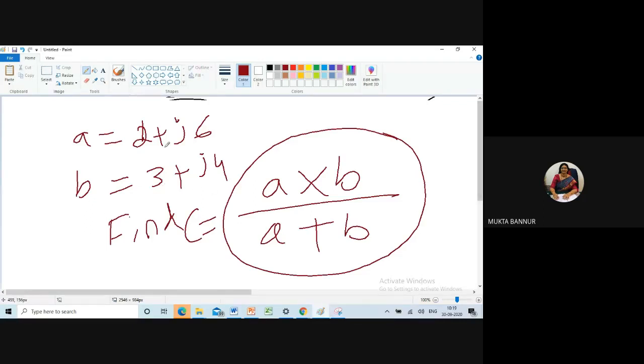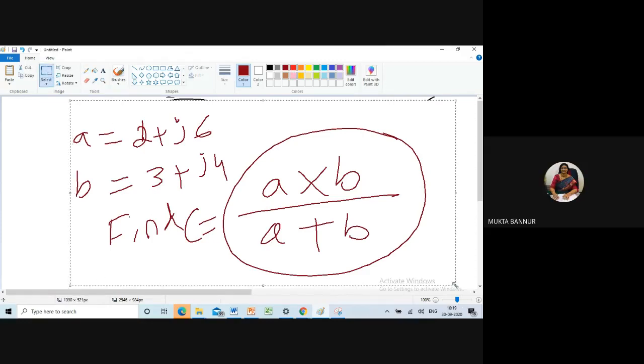Find C, that is C equal to A into B divided by A plus B. I want this answer. Will you get the answer? Yes. Okay, I'll give some more assignments.